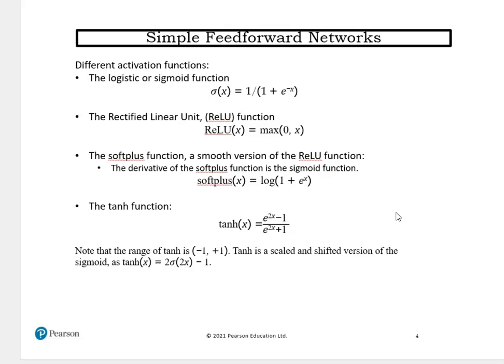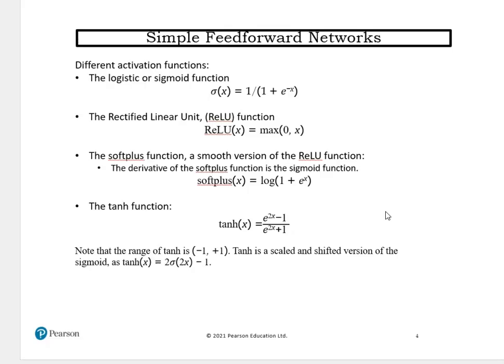Now, the derivative is important because we're going to apply, of course, gradient descent to minimize the loss. So that's where the gradient comes in. And then you have the hyperbolic tangent function, tanh of x, which is e to the 2x minus 1 over e to the 2x plus 1. The range for this function is negative 1 to 1.